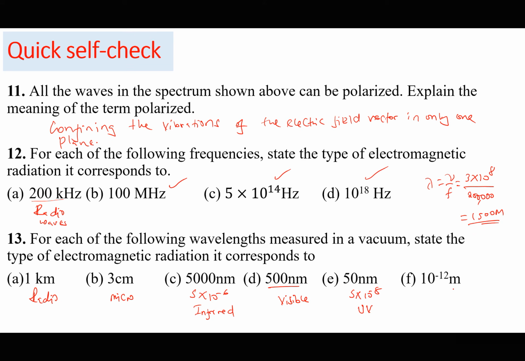Then 10 to the power of minus 12 is X-rays, or it can also be gamma rays.